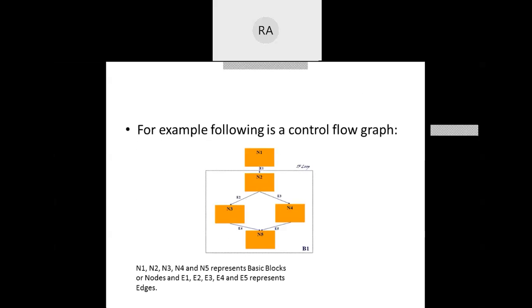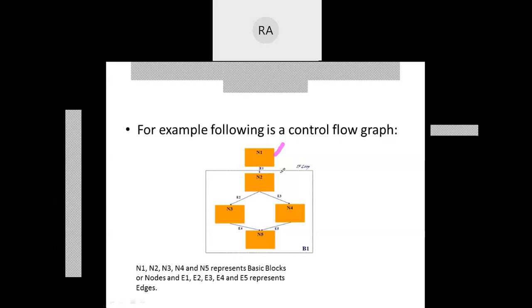Let me explain that with the help of a diagram. This is typically a CFG, that is, a control flow graph, where you have 5 nodes: N1, N2, N3, N4 and N5. These are nodes, or basic blocks, of the CFG.